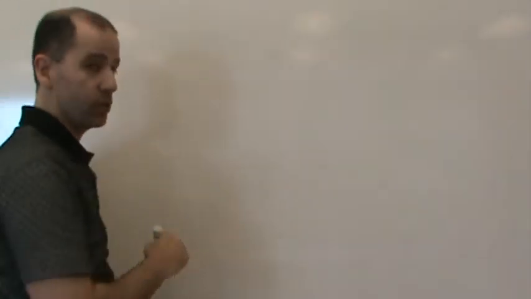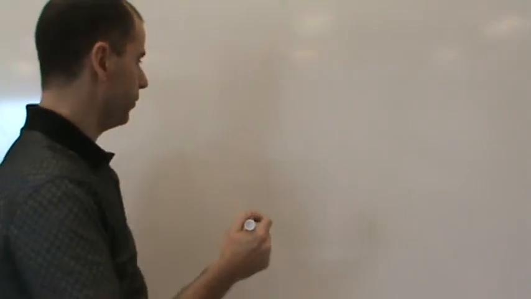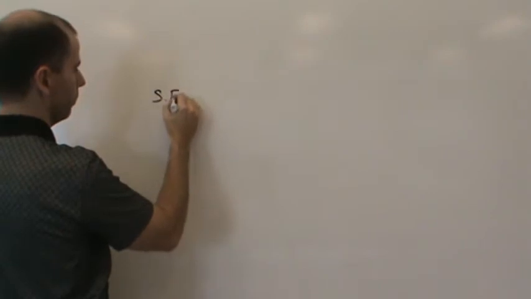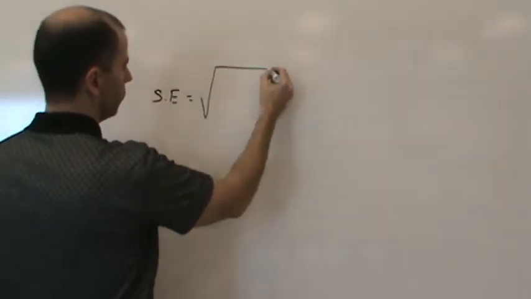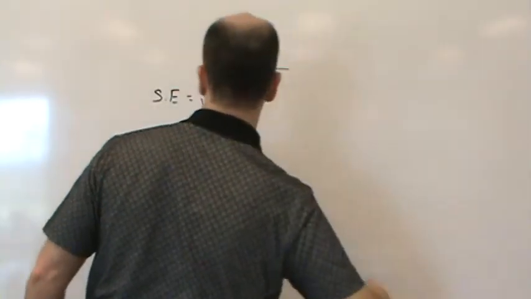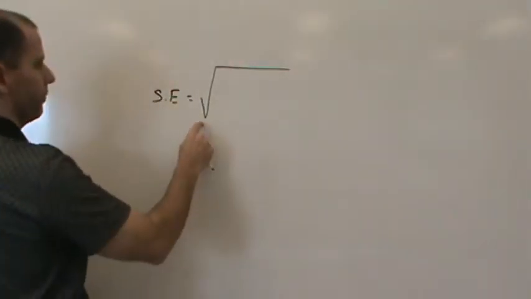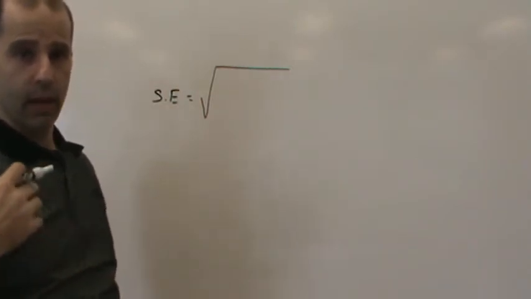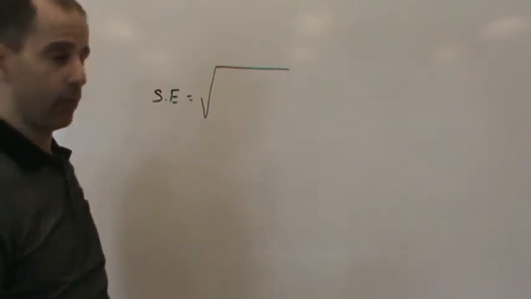So here's the test statistic. Keep in mind that everything else is the same, except we're going to use the standard error of the estimate instead of the standard deviation because we don't know sigma. So instead of what we did before, where we had sigma 1 squared over n1 plus sigma 2 squared over n2, we're now going to replace those with s.